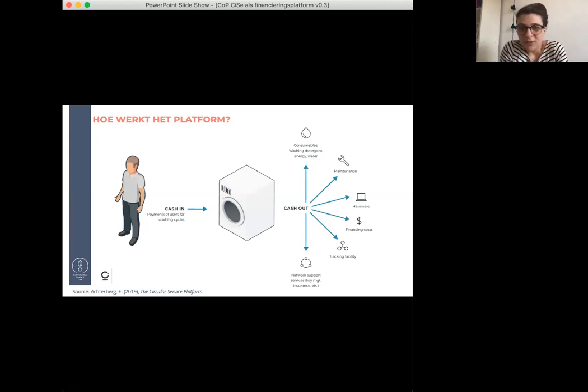And instead of looking for other finance providers to actually finance this asset, the washing machine, Miele could also say, just provide me with a use fee or a monthly fee for the provision of the device. Then Miele actually chooses to be a finance provider of his own product, coincidentally. And he becomes a service provider on the platform and one of the people that are paid out from the use fee.